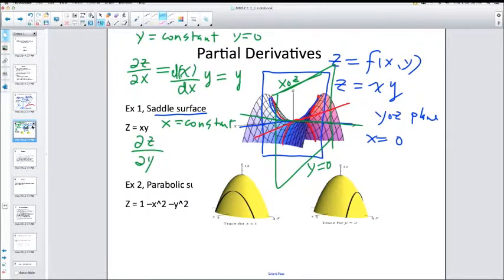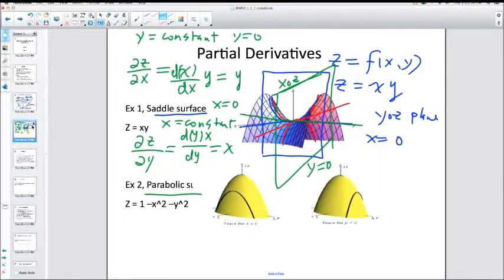In our case, it is the blue plane, x equals 0. Then you get dz over dy. Y is changing, times x, which is a constant, so you get x. That's how we take partial derivatives.